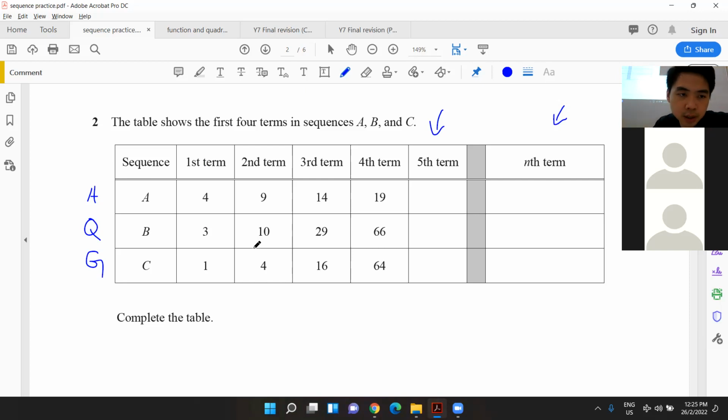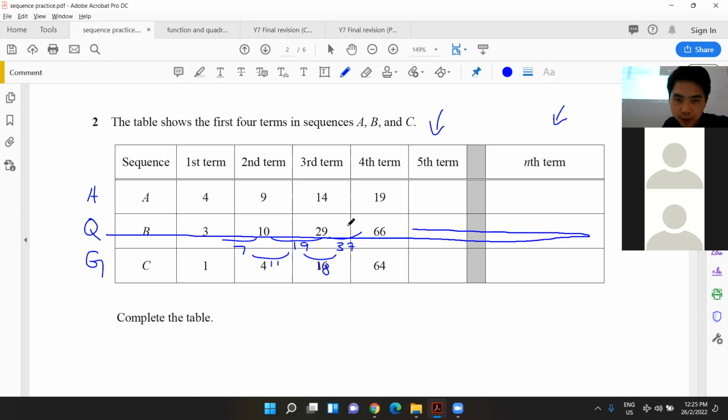Wait a minute. I think the second one is not quadratic. Okay, guys. Skip question part B for now.